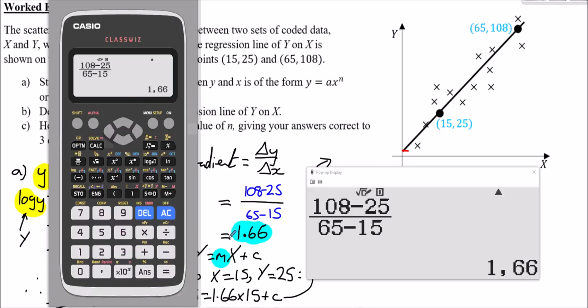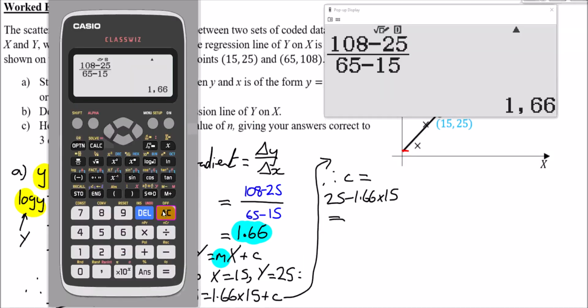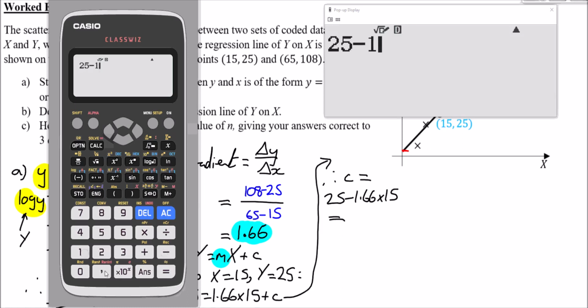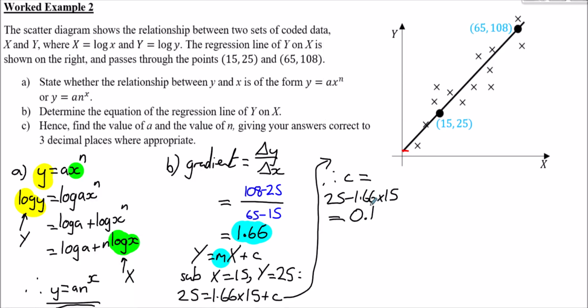So let's see what that gives us. So 25 minus 1.66 times 15. That's going to give us a value of 0.1. So that value there, not drawn to scale, is going to be 0.1.